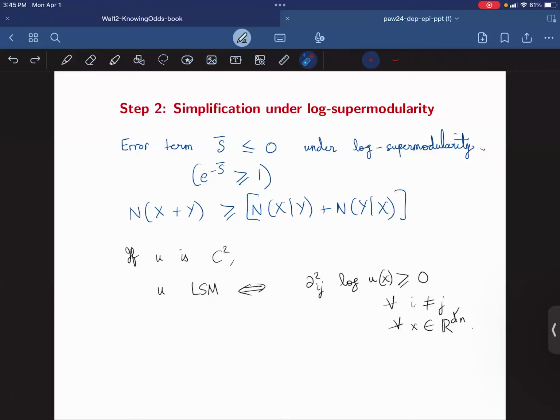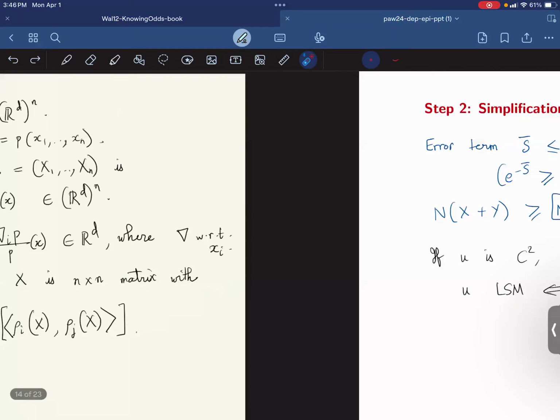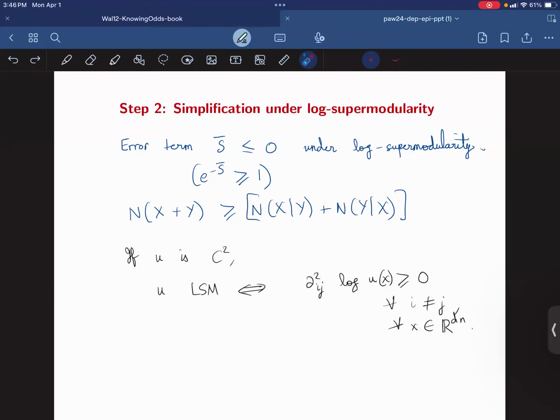So that's how we get it, but that doesn't quite do it. The reason is that when I say under log supermodularity, what we need is log supermodularity of each Y_s for every s positive.